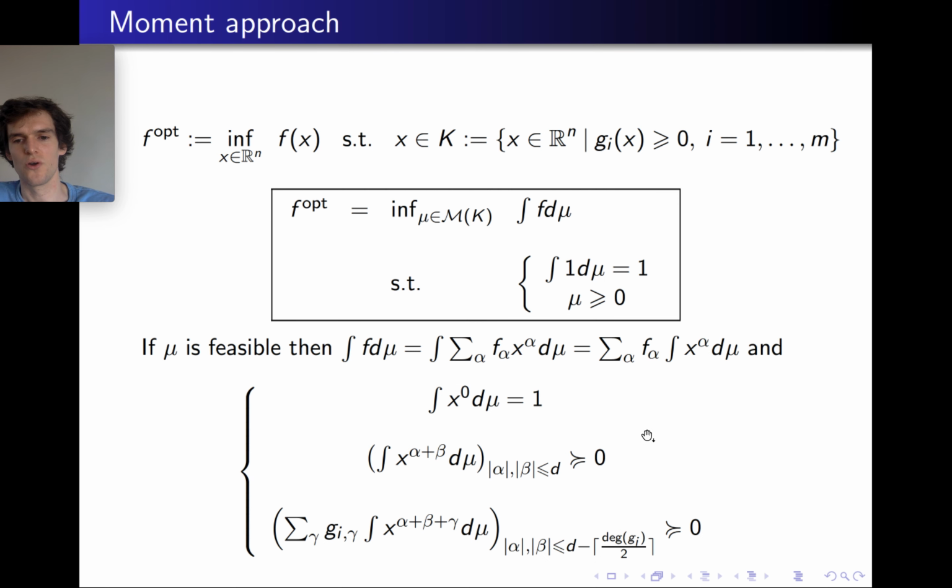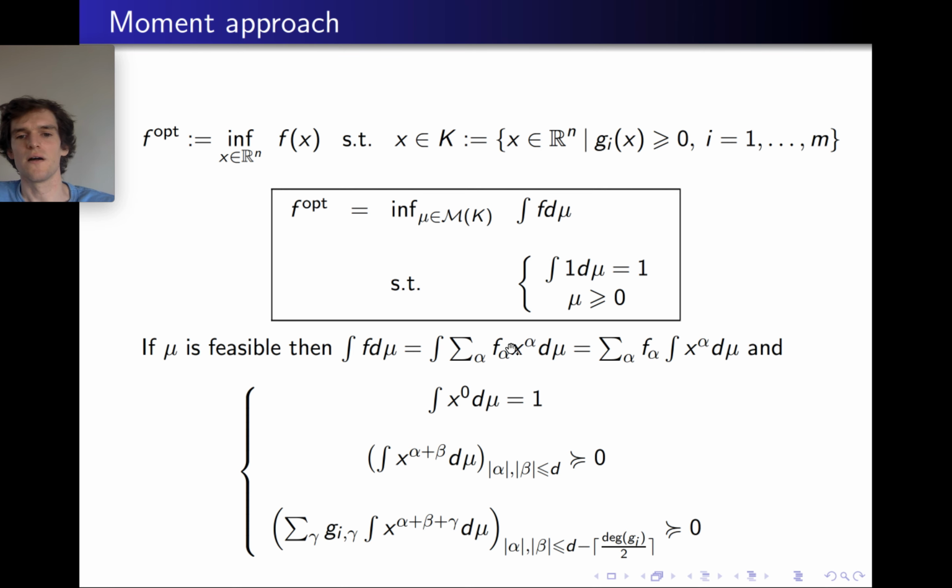And so, in fact, the objective, the integration with respect to mu, I've already shown you, you can swap the sum and the integration, and so everything now is in terms of moments. So the objective and all the constraints are in terms of the moments of mu. Okay, so we can just replace them by these lifted variables, these pseudo moments, y variables.